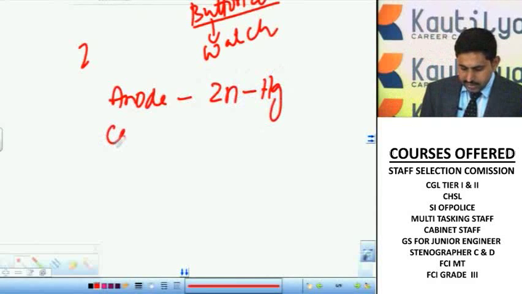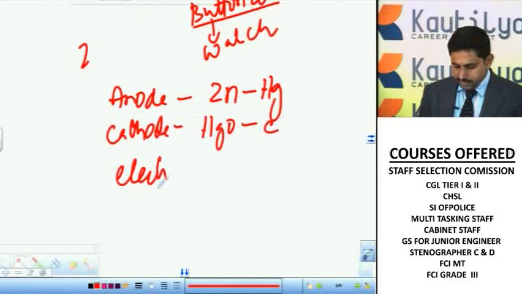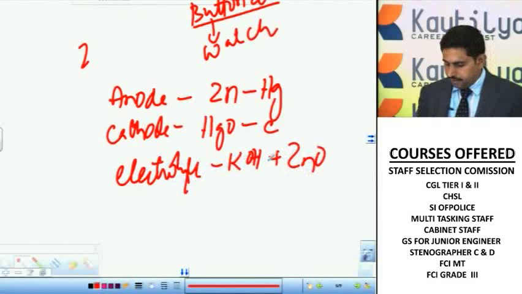And the cathode acts as mercuric oxide plus carbon. And what is the electrolyte? The electrolyte here consists of potassium hydroxide plus zinc oxide paste.